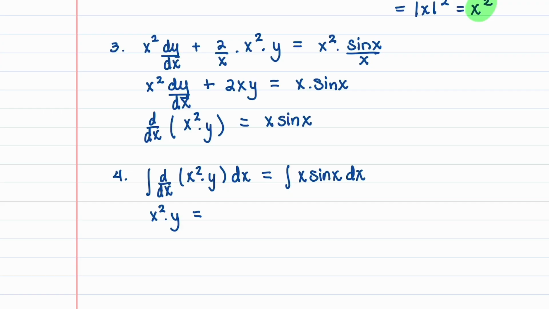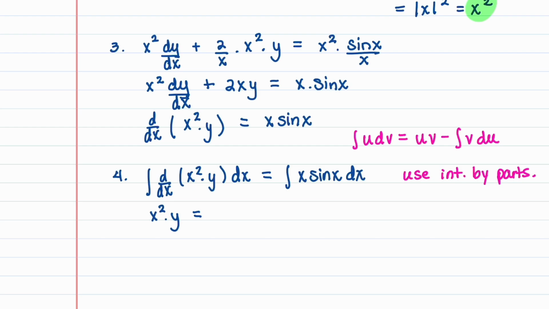And then on the right-hand side, we're going to have to do a little bit more work. We are going to have to use integration by parts. You probably learned that in Calc 2. Let me just remind you of the formula. When you use integration by parts, the formula is the integral of u dv is equal to uv minus the integral v times du.